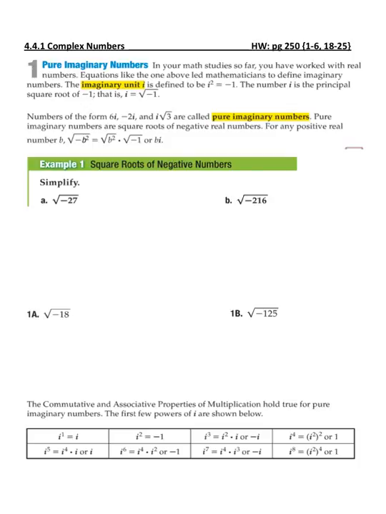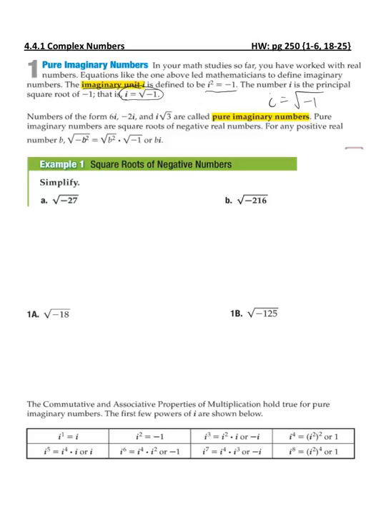So the imaginary unit is i. It's defined to be i squared equals -1. Or more specifically, if you're just worried about i, i is the square root of -1.